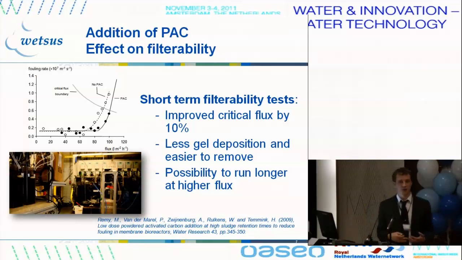This allows us to characterize the filterability of the sludge with the critical flux. What we found is that the sludge with powdered activated carbon could reach a 10% higher critical flux. We had a lower gel deposition in the case of filtration at high flux, and we also could run for a longer period at higher fluxes.